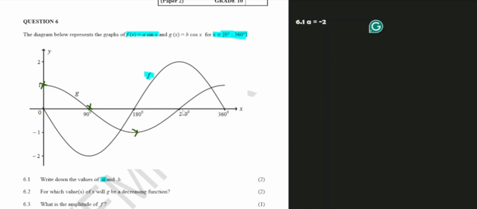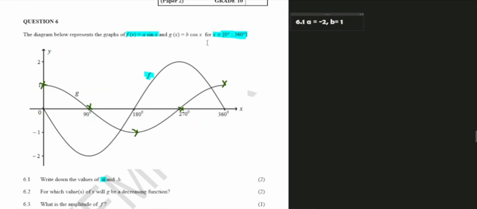Where x is equal to 270, y is 0. Where x is 360, y is equal to 1. So looking at this graph right here, you can tell that this graph has the same points as the base model, meaning that on B, your answer is going to be 1, because essentially g of x is the base model, right?